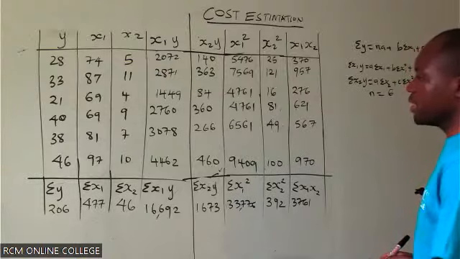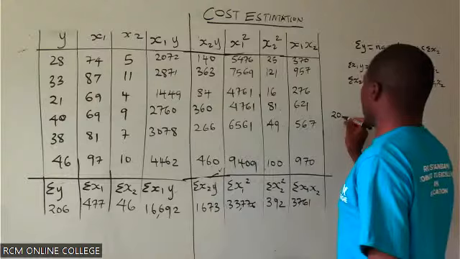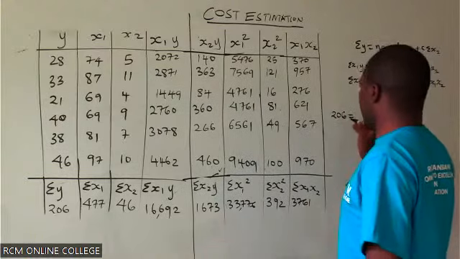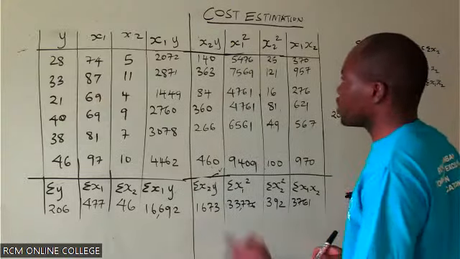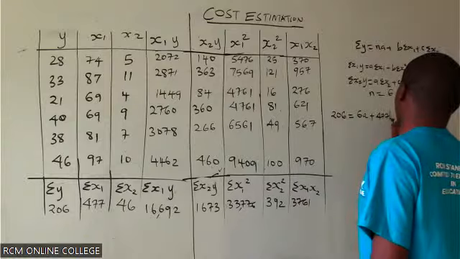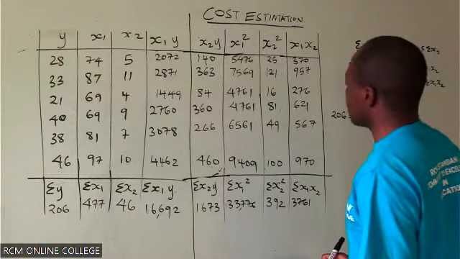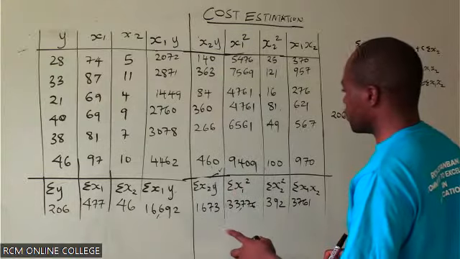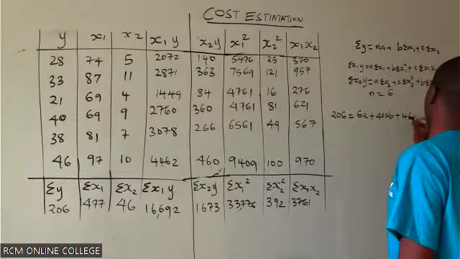So summation of y, which is 206, is equal to nA, which is 6A, plus B summation of X1, that is 477B, plus C summation of X2. Summation of X2 is 46, so plus 46C. That is number 1.